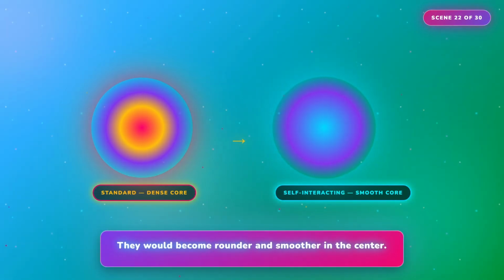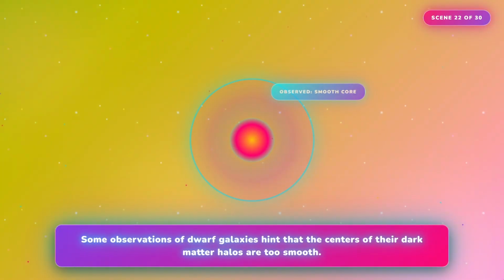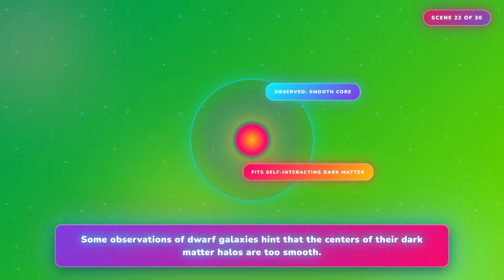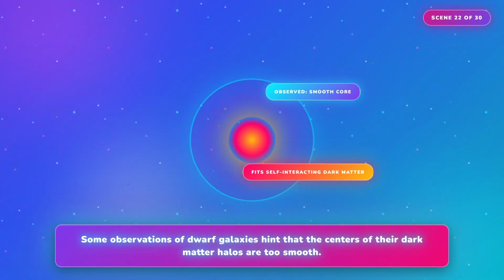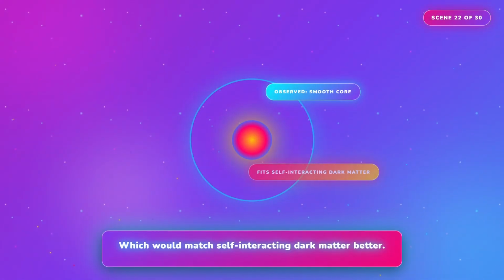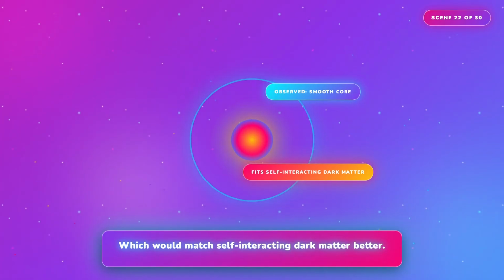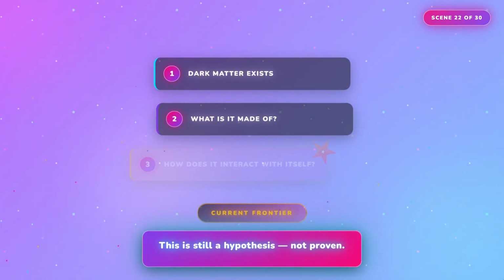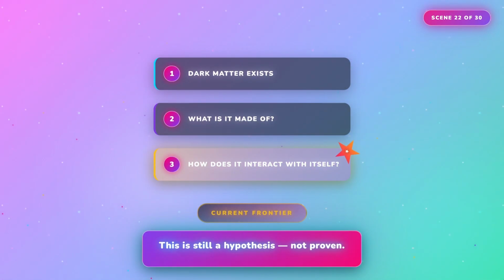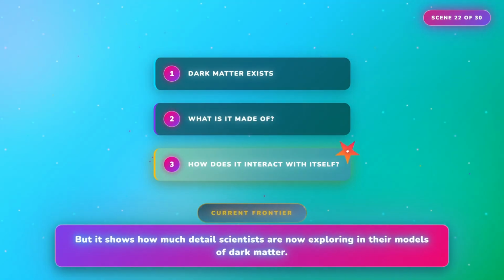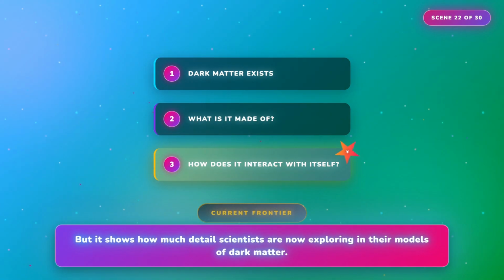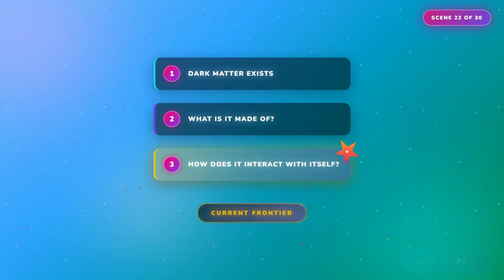They would become rounder and smoother in the center. Some observations of dwarf galaxies hint that the centers of their dark matter halos are too smooth. Which would match self-interacting dark matter better. This is still a hypothesis, not proven. But it shows how much detail scientists are now exploring in their models of dark matter.